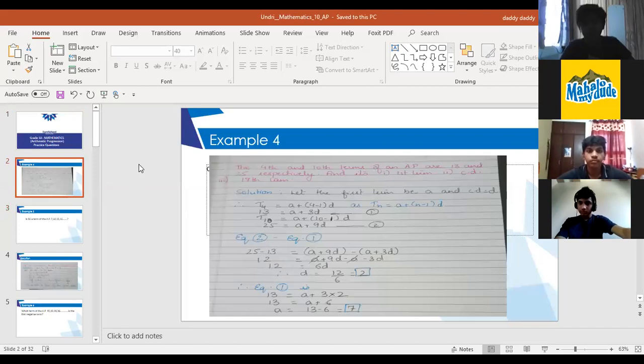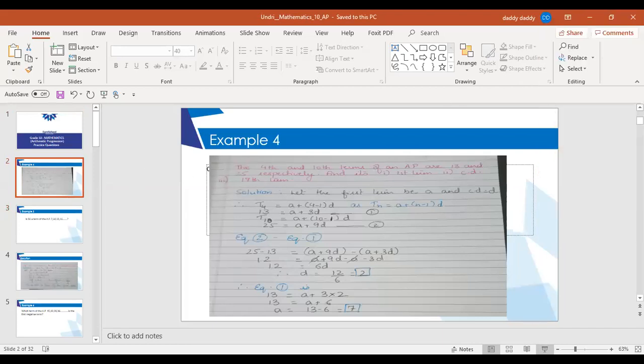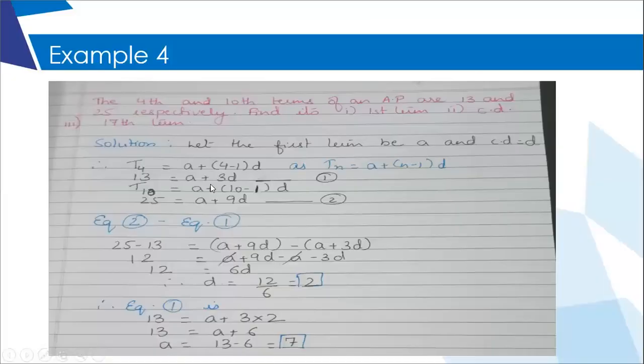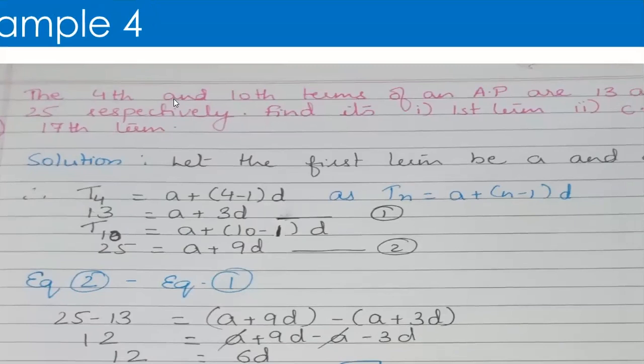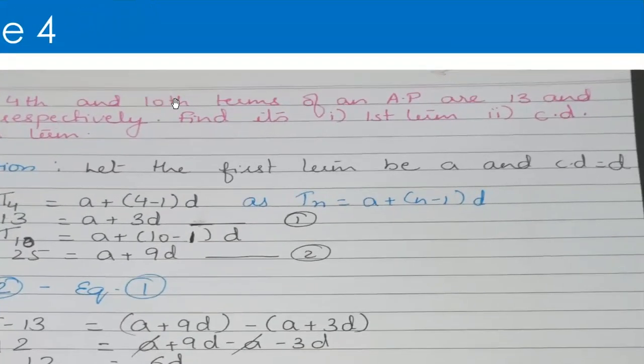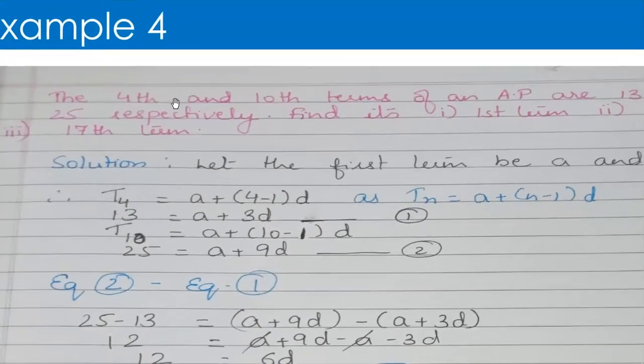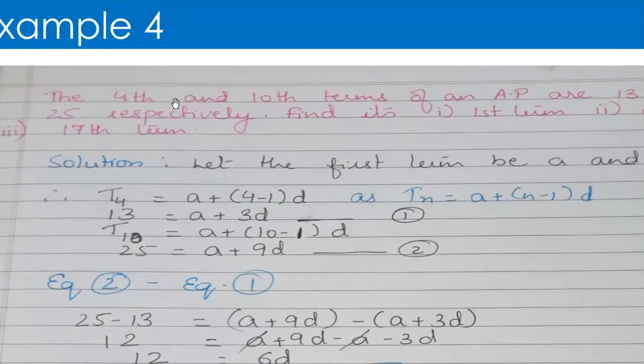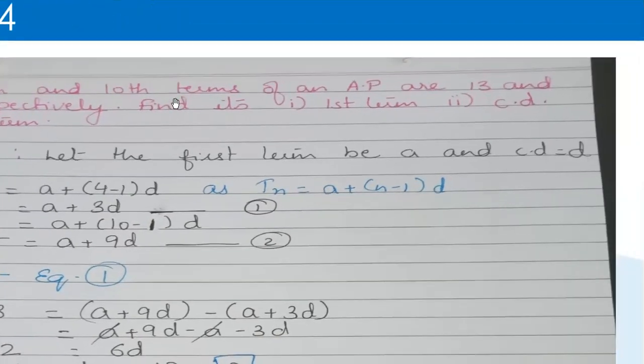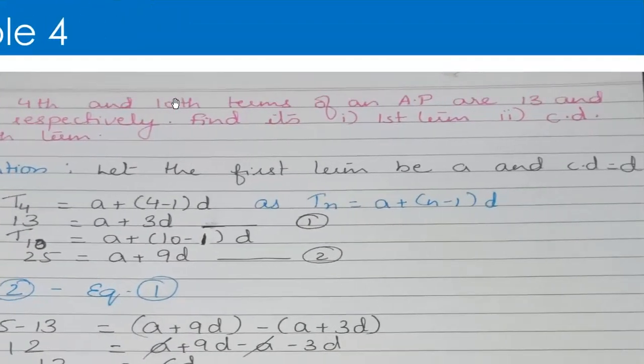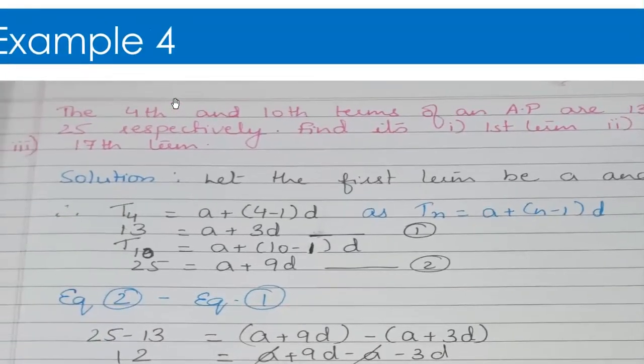Now this is another kind of question which I'm going to display. It is slightly different from the previous one. It says the fourth and the 10th terms of an AP are 13 and 25 respectively. Find its first term, common difference, and 17th term.